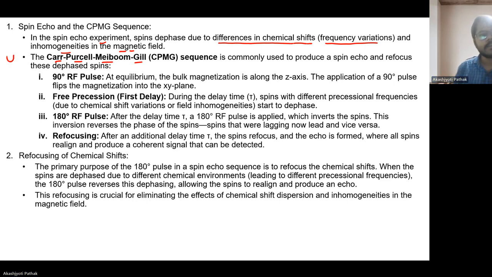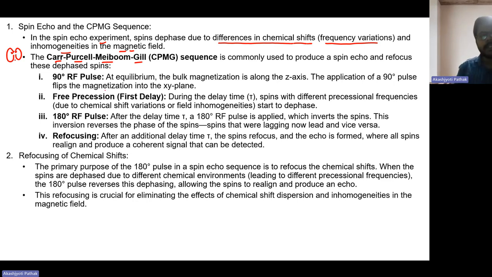It is always curved, and that results in inhomogeneity in the magnetic field. So all my nuclear spins are not exposed to the same strength of the external magnetic field. That is what is meant by the inhomogeneity in the magnetic field.